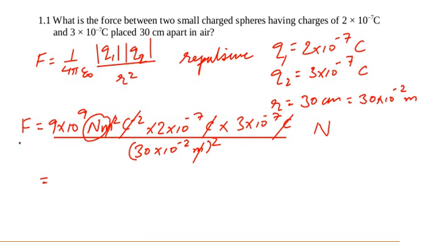And what I was required to find, force between the charged spheres, and force we know has a unit of Newton. So our calculations are correct, means possibility of going wrong is reduced, as we are getting consistent units on left hand side and right hand side.